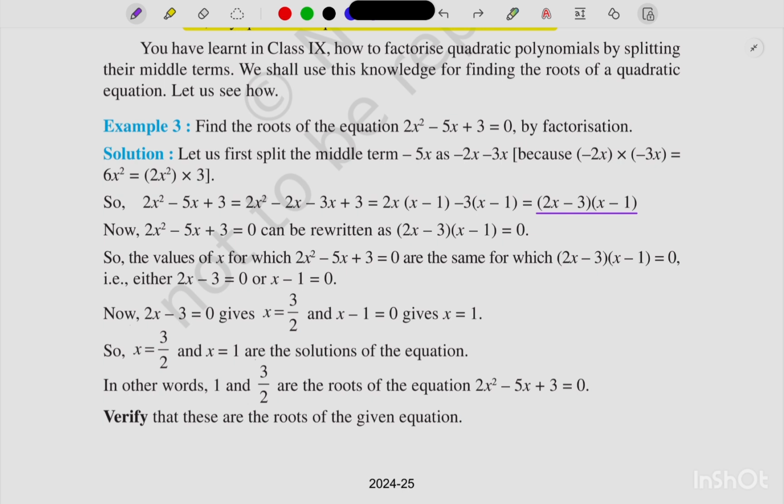So either 2x minus 3 is supposed to be 0 or x minus 1 is supposed to be 0. Because if either one of these is 0, then 0 multiplied by the other will be 0.